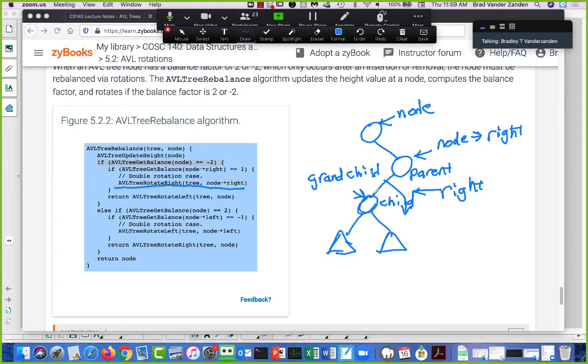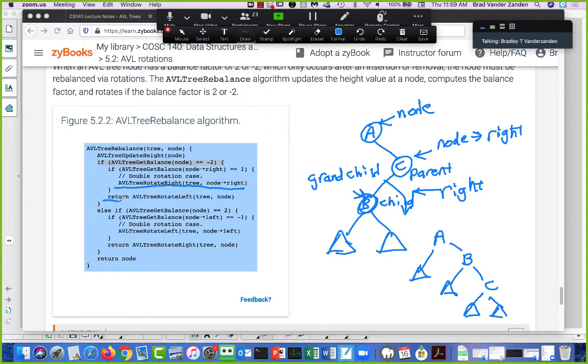So in fact, we're rotating about the correct node. If we label these nodes A, C, and B, when we're done with that first rotation, A points to B, and B's right child is C, and everything else is as it was before. The other subtrees are the same.